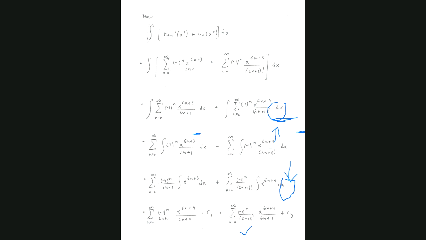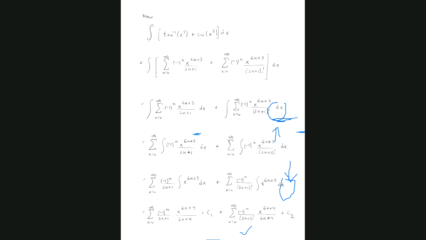All right, well, now we have here in front of the first integral, -1 to the nth power divided by 2n plus 1. That's a constant with respect to that integral. The integral is with respect to x. It's not dependent on x. It's dependent on n. So we can pull that out in front of the integral.